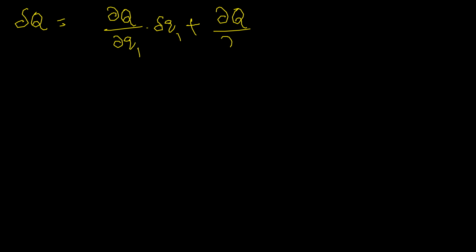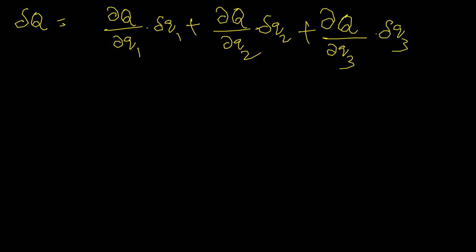Now let's substitute the values obtained for the partial differentiations in the previous equation of total error. Total error del Q is given by dou Q by dou q1 times del q1 plus dou Q by dou q2 times del q2 plus dou Q by dou q3 times del q3.